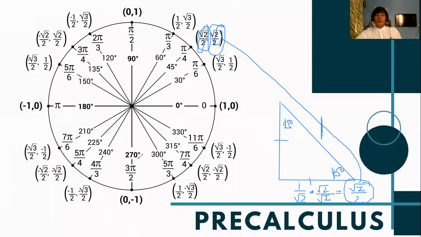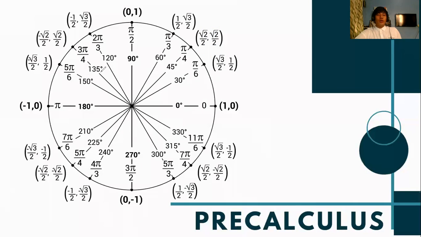Therefore, if you will get the value of cosine 135 degrees, you may press this one in your calculator to check. Cosine 135 degrees is negative the square root of 2 over 2, while sine 135 degrees is the square root of 2 over 2.